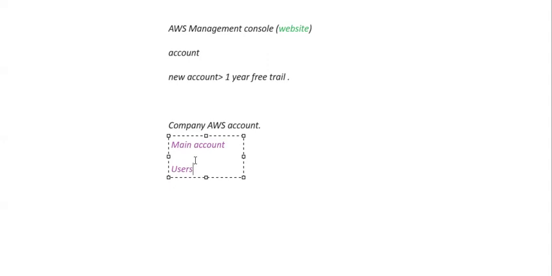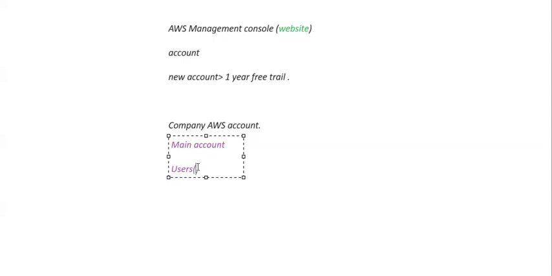So the company has one main account, right? Yes, this company has one main account. Inside this main account, they will create the users for you and provide them to you. So these users you're going to use. Can I say these users are also accounts only?